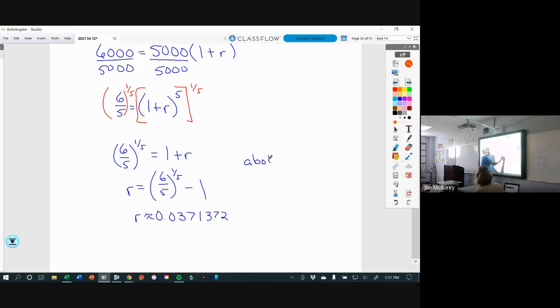It's not 3%. Interest rate. Not 4%. 3.71%? Yes. When you're talking about getting interest from somebody, 3% and 4% are huge differences, okay?